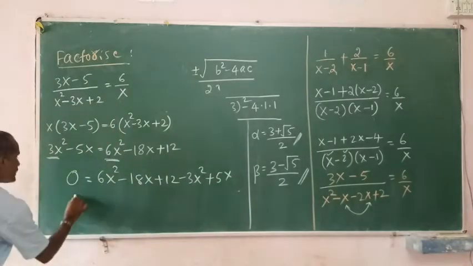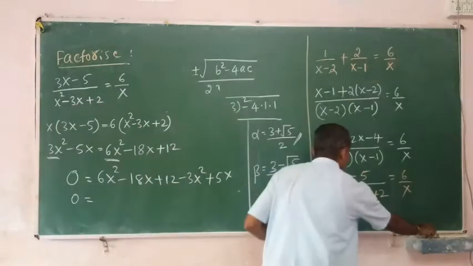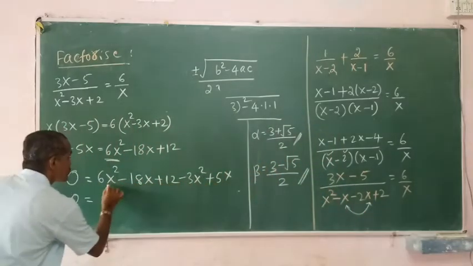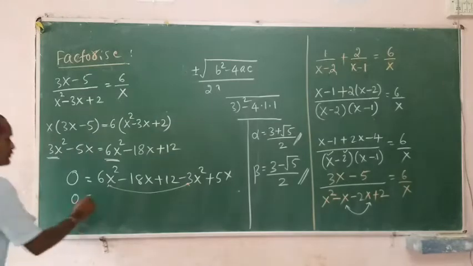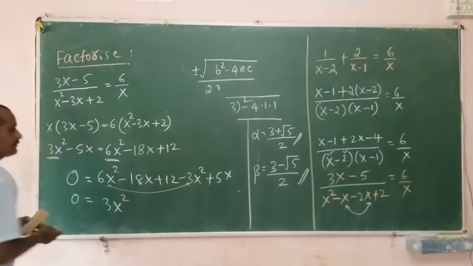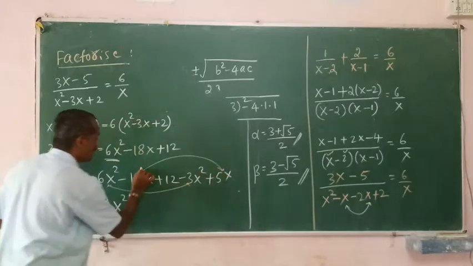Come on. 0 is equals to 6x square minus 3x square. Like terms. That gives you 3x square minus 18 plus 5x.